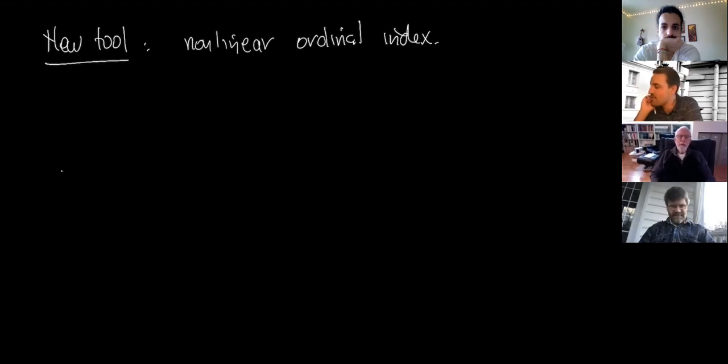I will try to explain well how Bourgain did it, and then explain how you can modify this to make it work in a nonlinear setting. The modification is definitely non-trivial.